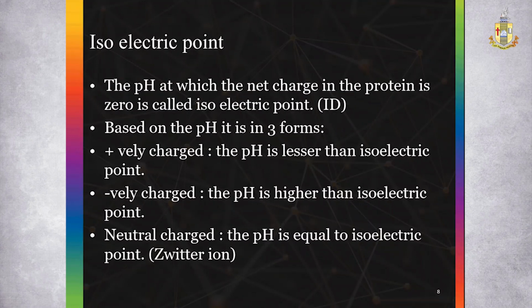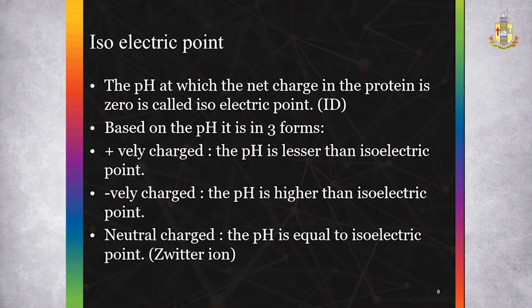Isoelectric point. The isoelectric point is the pH at which a molecule carries no net electrical charge. It is denoted as pI. Based on the pH, a molecule is in 3 forms: positively charged, negatively charged and neutral. If the pH is lower than the isoelectric point, it is positively charged.